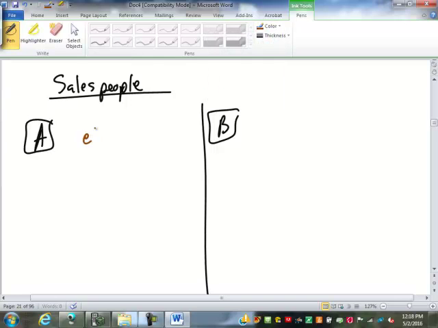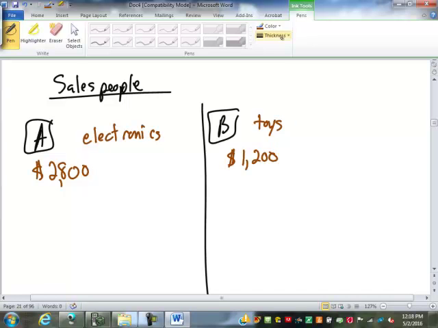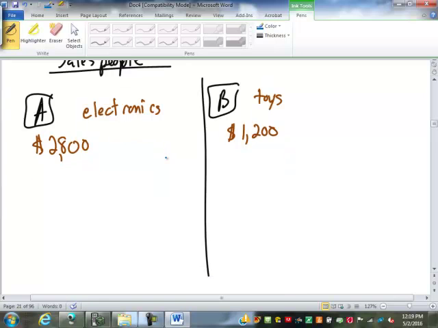Well, person A works in electronics, and this week they have sales of $2,800. Person B works in toys, and this next week they have sales of $1,200. Doesn't look good for person B at this point. But again, electronics tend to be more expensive than toys. You've got to even it out by comparing them back to their own population.